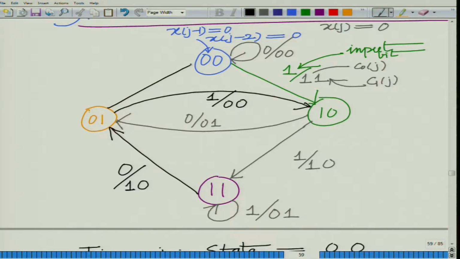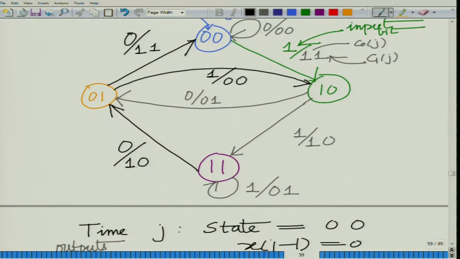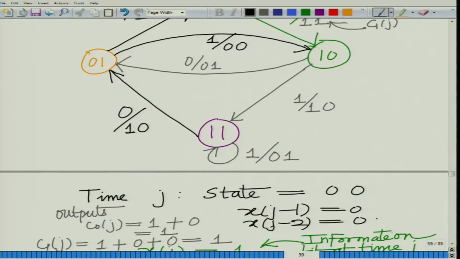And finally, from 0 1, if you get 0, xj is 0, xj minus 1 is 0, so it transitions to 0 0. The output bits are 0 plus 1, that is 1, and 0 plus 0 plus 1, that is also 1, so the generated outputs are 1 comma 1. Okay, and this is the state transition diagram for the convolutional code.